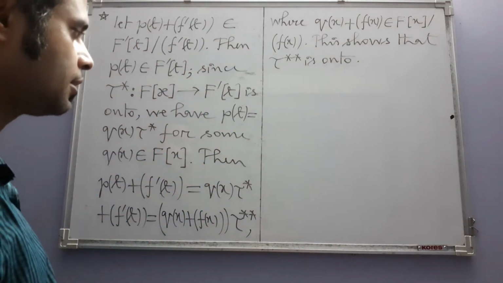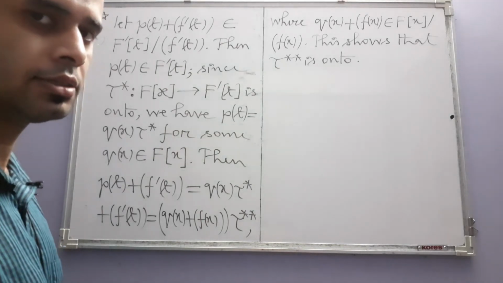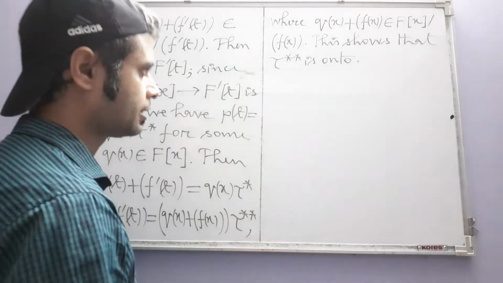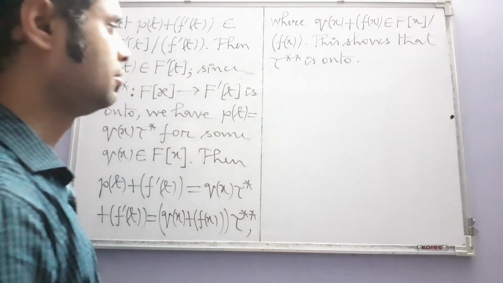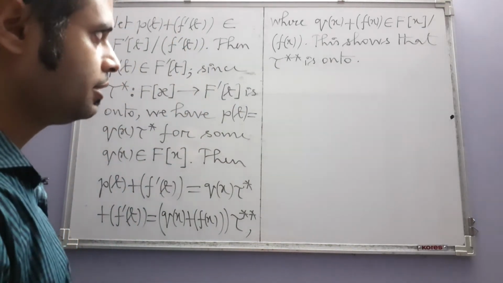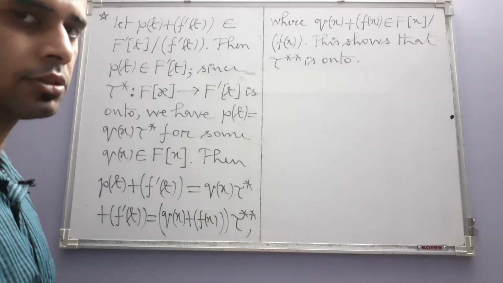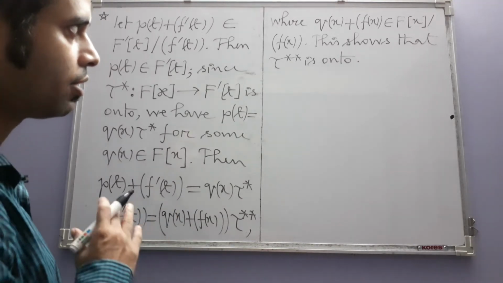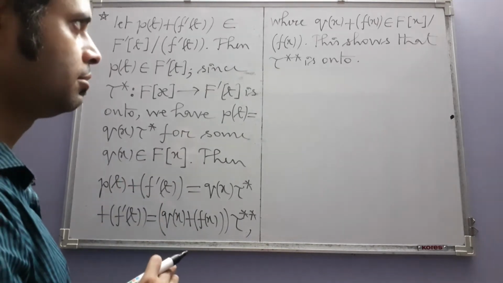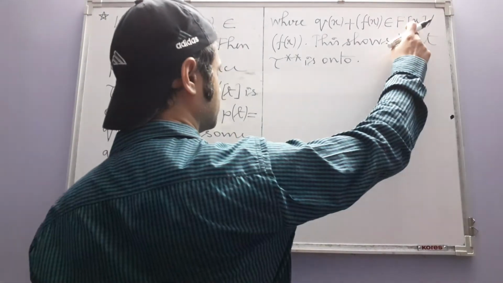So the only thing now left for us to show is that it is also one-to-one, and that we will show by considering any element in the kernel of tau double star and showing that it should be equal to the zero element of the domain ring, that is this.